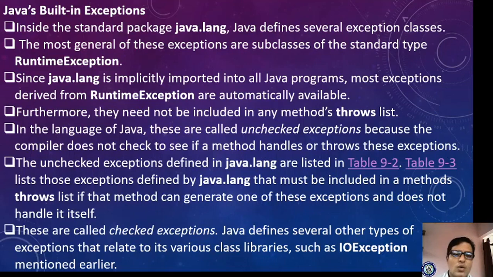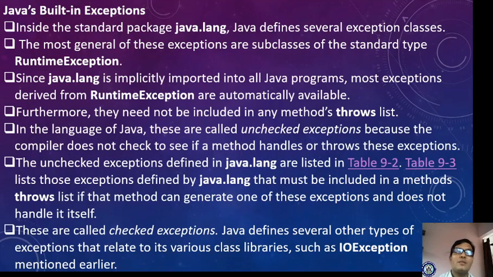We will see what the unchecked exceptions available in Java are; it has been tabulated, and we will see them in that table. The other list is of those exceptions defined by java.lang that must be included in a method's throws list if that method can generate one of the exceptions and does not handle it itself.